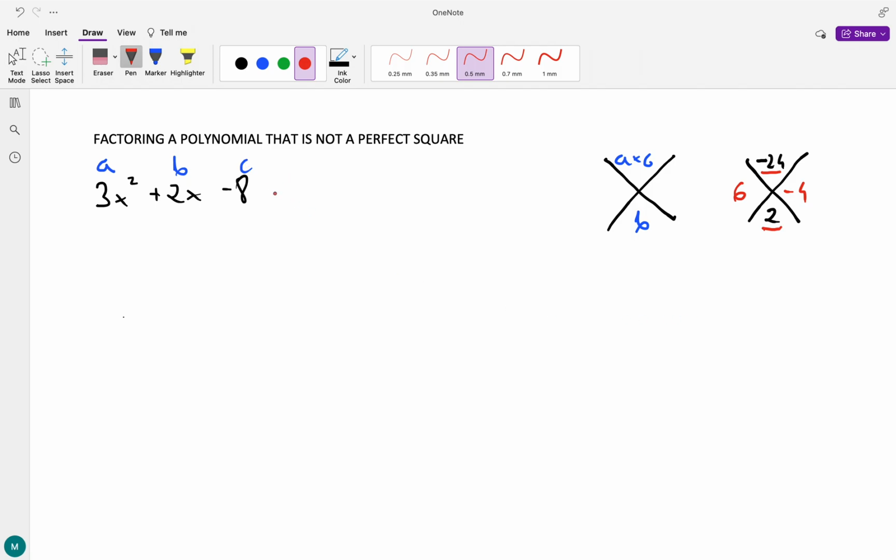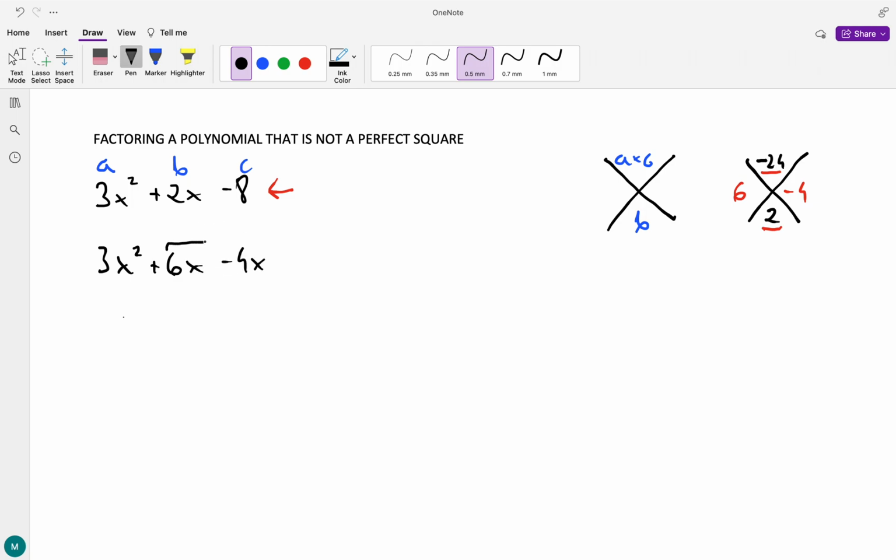So in order to factor this polynomial, we are going to expand, or write, positive 2x in terms of 6 and negative 4. So we copy the first term, 3x squared, and then we say plus 6x minus 4x.